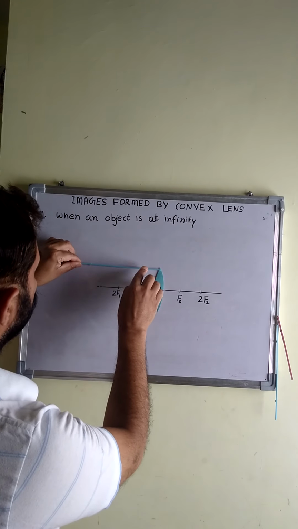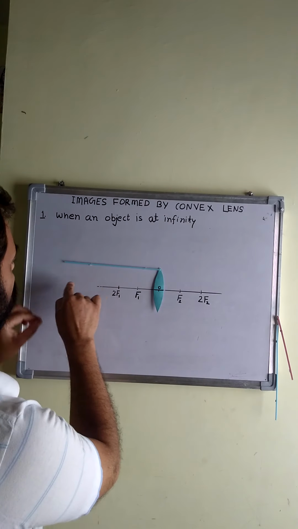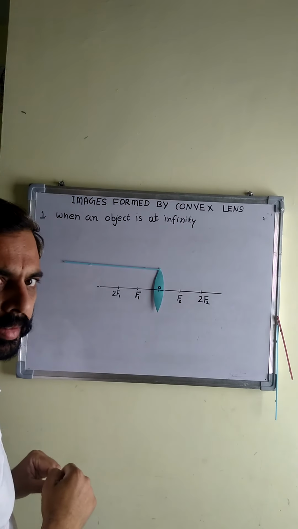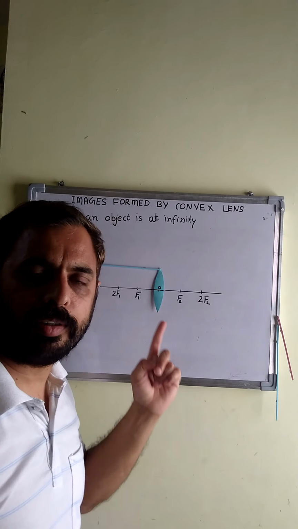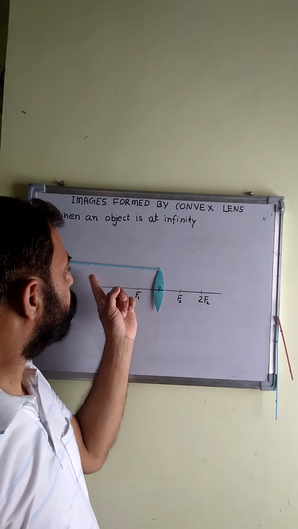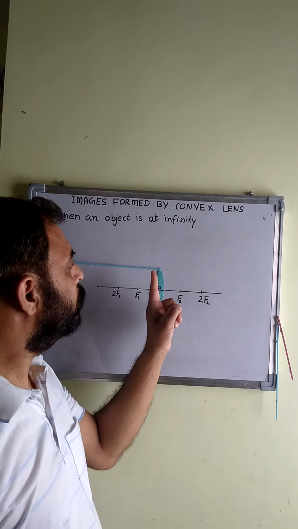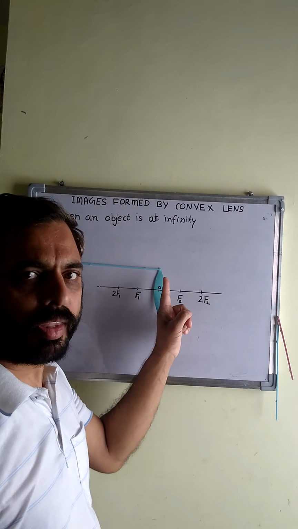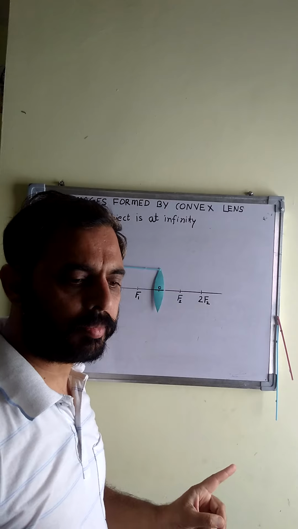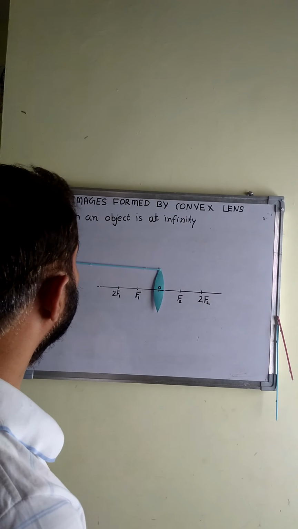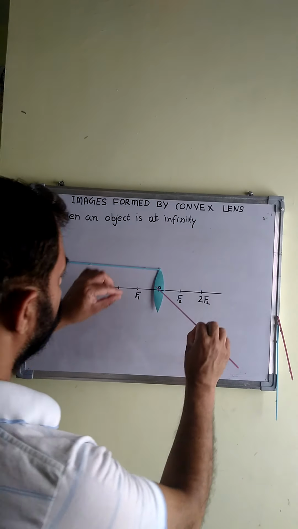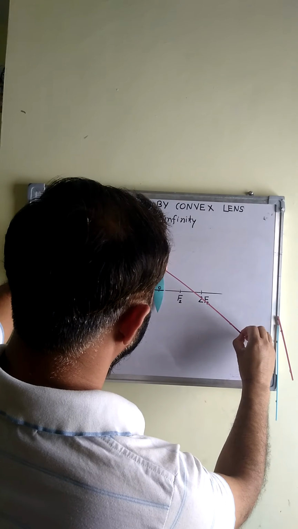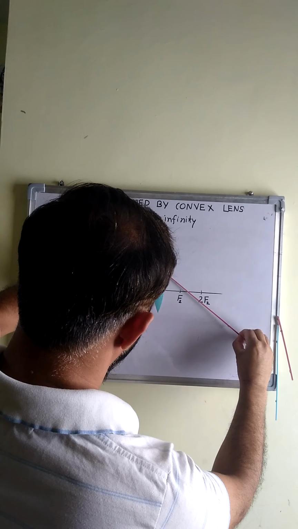So this is the first one, incident ray, and this is parallel to our principal axis. What will happen according to rule to this incident ray that we have studied earlier? When incident ray is parallel to the principal axis, the emergent ray will pass through focus. So here we are going to take the emergent ray and that is going to pass through focus.